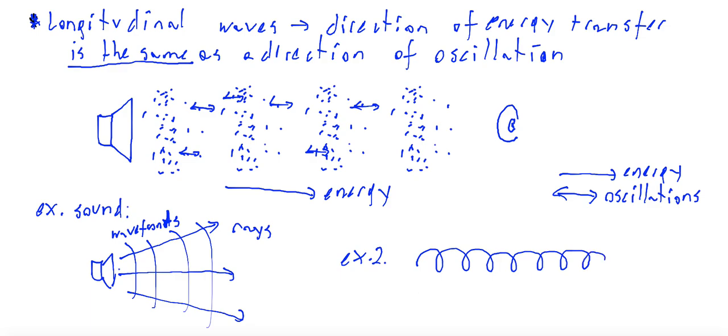You can create a compression and release it, and this compression will travel along the spring. Some turns will be closer to other turns, and some turns will be farther from the others, but oscillations of these turns will be left-right, and energy will be transferred from left to right. It can be observed by watching this dense region traveling from left to right.